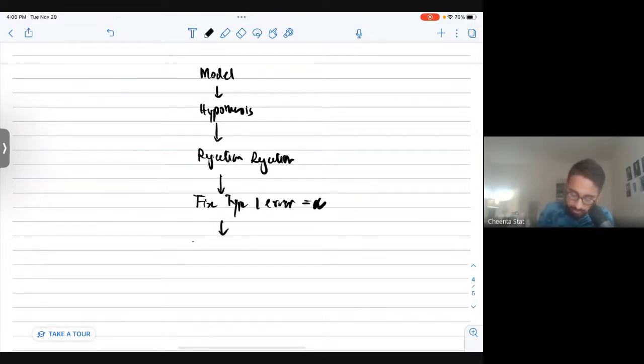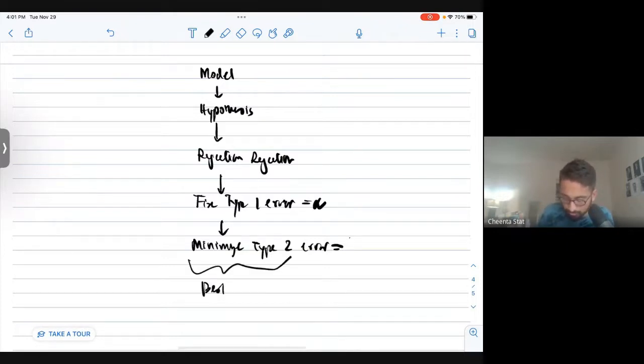And then we minimize type 2 error. And we get the best, most powerful test. And we will see that the Neyman-Pearson lemma gives a way to solve that.